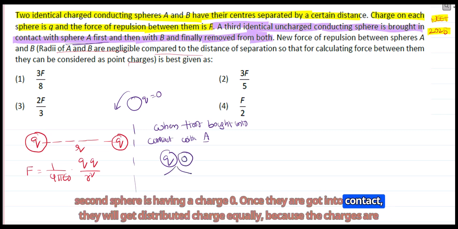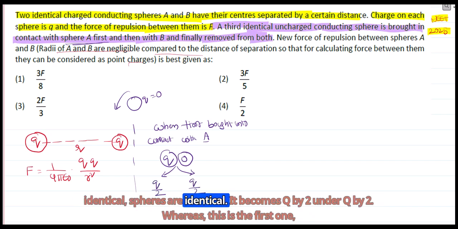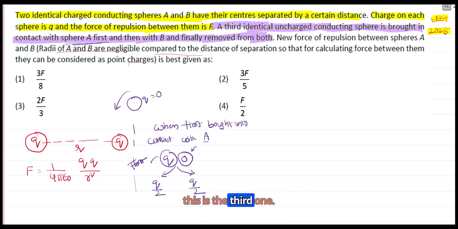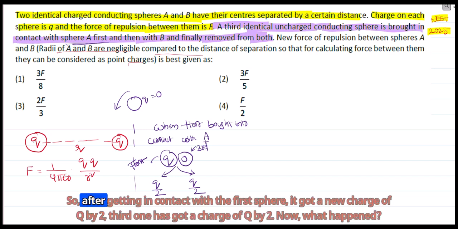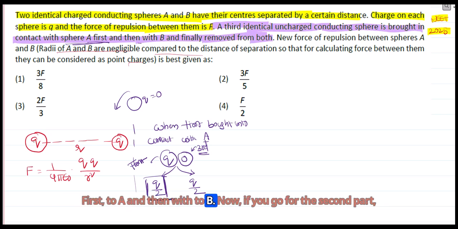Once they get into contact, they will distribute their charge equally because the spheres are identical. It becomes Q by 2 and Q by 2, where this is the first one and this is the third one. So after getting in contact with the first sphere, it got a new charge of Q by 2, and the third one has got a charge of Q by 2.